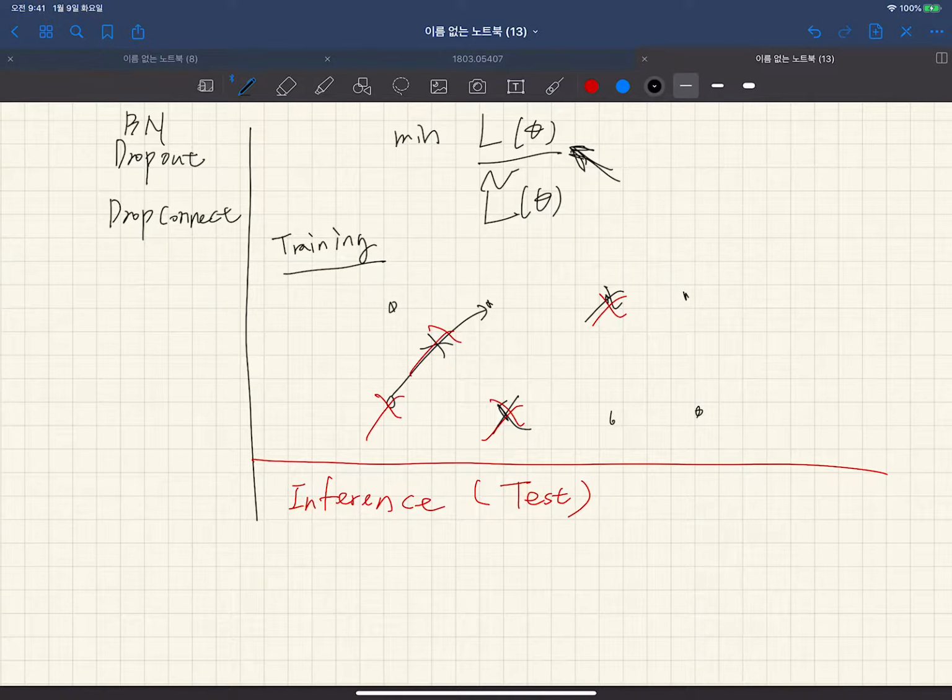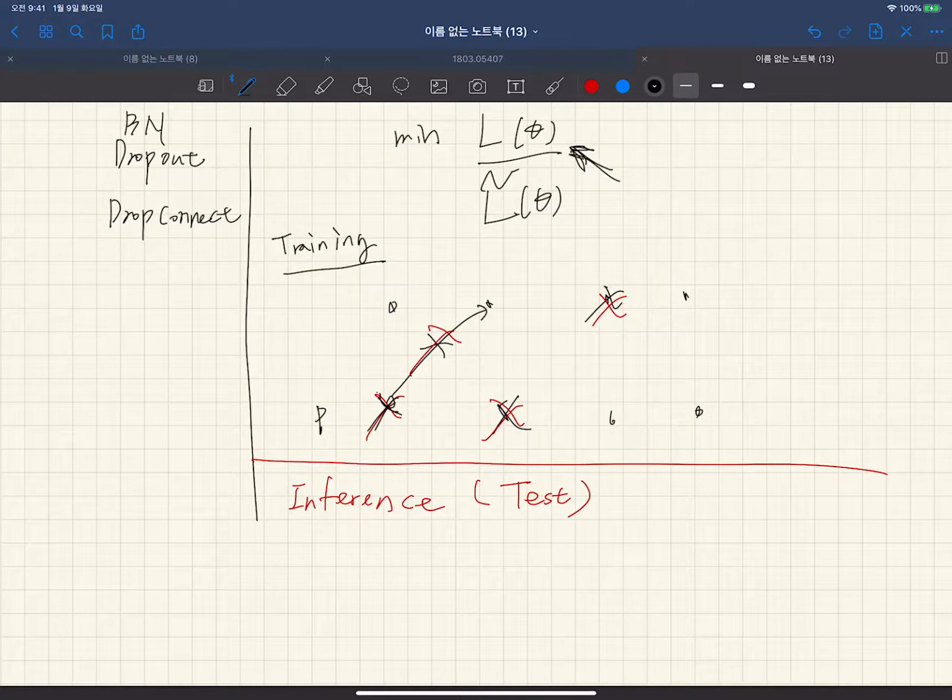But for inference, because this is not updating your parameters but estimating your output for a given input, there is no need for perturbation. We don't need to perturb your model because we are not learning, and we want more accurate prediction.